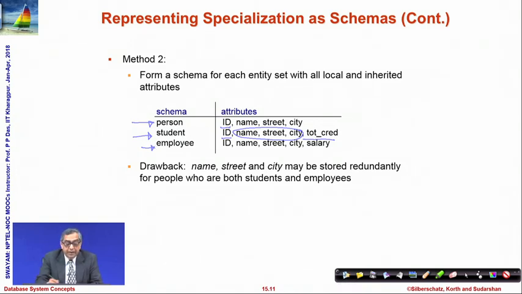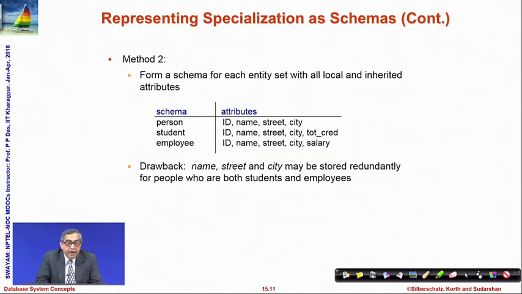Now, this naturally makes it easy to extract information for a single entity set, but at the same time you are storing the same data redundantly for people who have an overlapped representation. As we know, student and employee are overlapped.